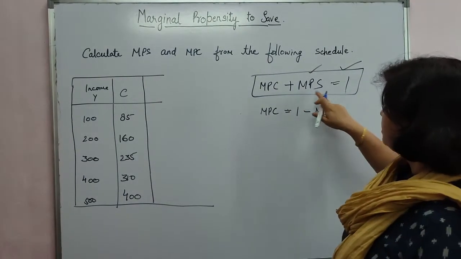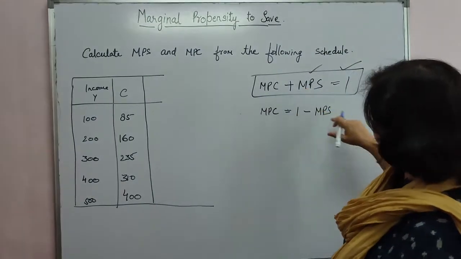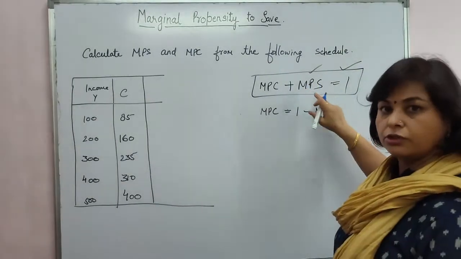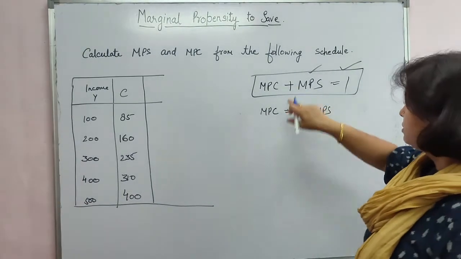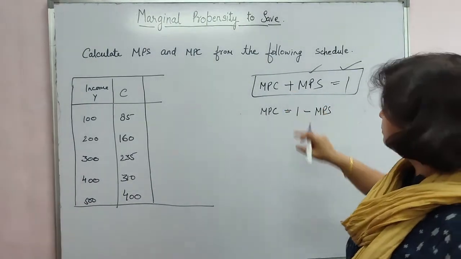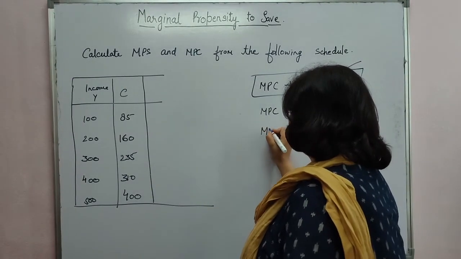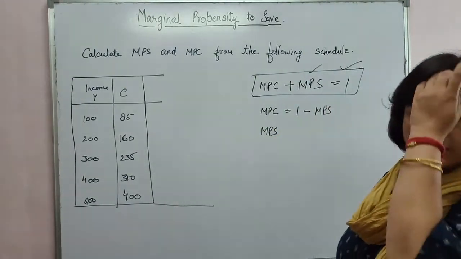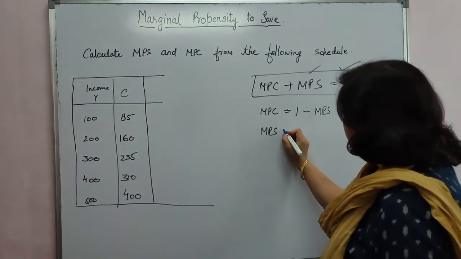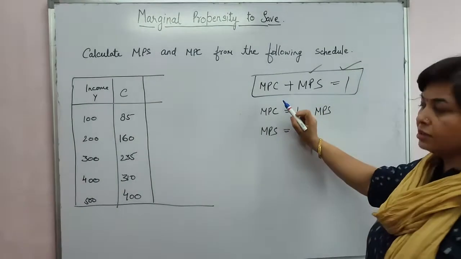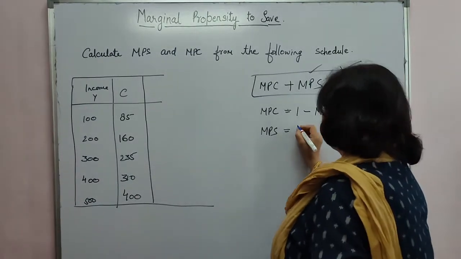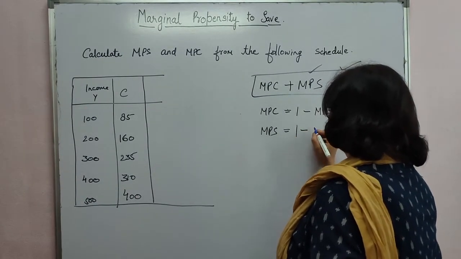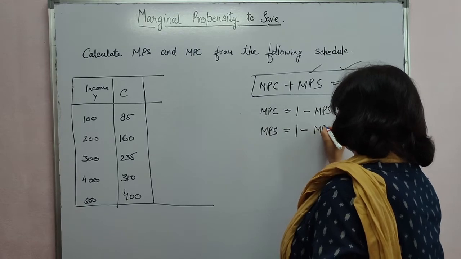So 1 is here. We shift MPS from the left hand side to the right hand side and change the sign, from positive to negative. If we have to calculate the value of marginal propensity to save, and we have already got the value of MPC, then the formula will be 1 minus MPC.